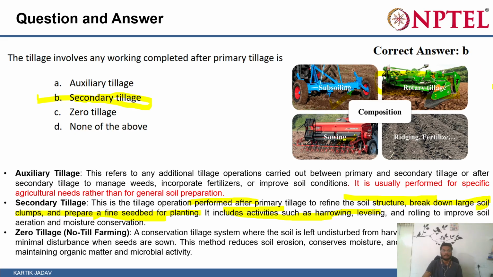Auxiliary tillage refers to any additional tillage operation carried out between primary and secondary tillage, or after secondary tillage, to manage weeds, incorporate fertilizer or improve soil condition. It is usually performed for specific agricultural needs rather than general soil preparation. Zero tillage, also known as no-till farming, is a conservation tillage practice where soil is left undisturbed from harvest to planting except for minimal disturbance when seeds are sown.